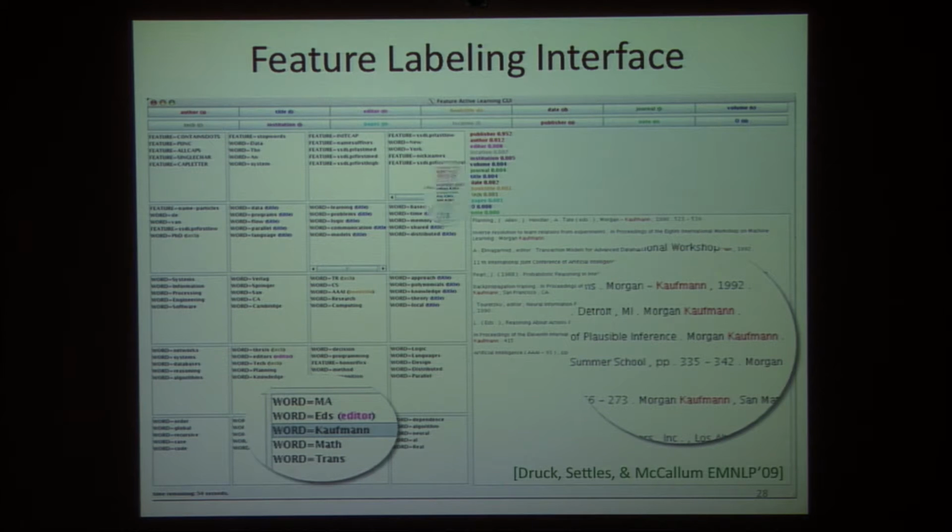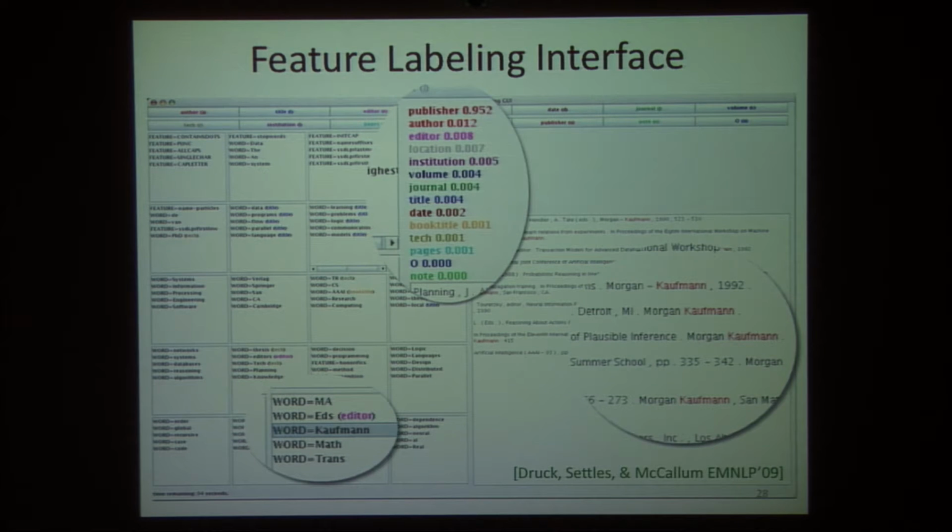And also, up at the top, we provide the machine's current expected label distribution for that feature. So what this means is 95.2% of the time, when I see the word Kaufman, I think it belongs to the publisher field. 1.2% of the time, I think it belongs to author, and so on and so forth for the different labels.